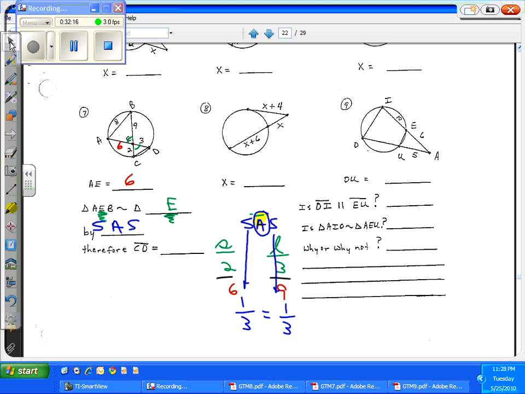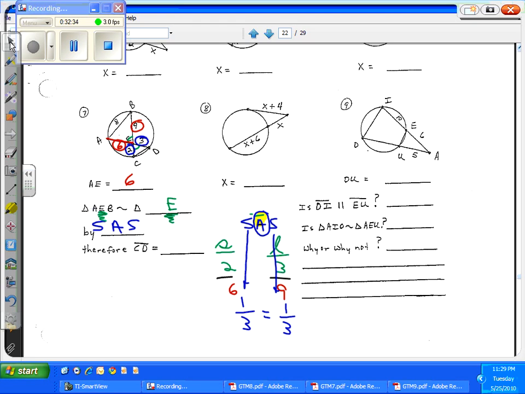Well, how do we get the others? Well, we had a small and a large and a small and a large.